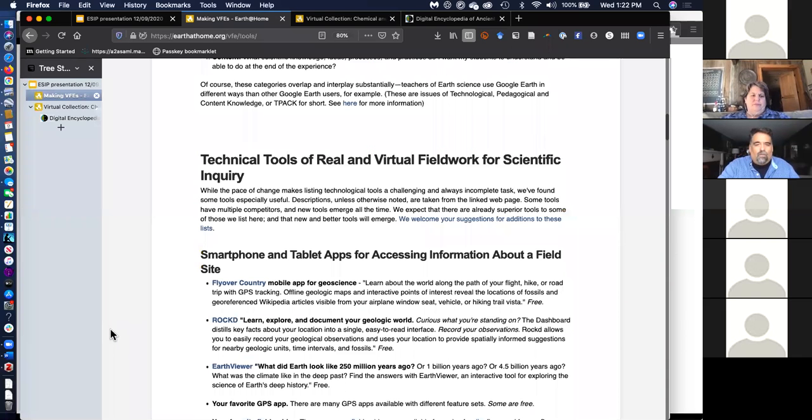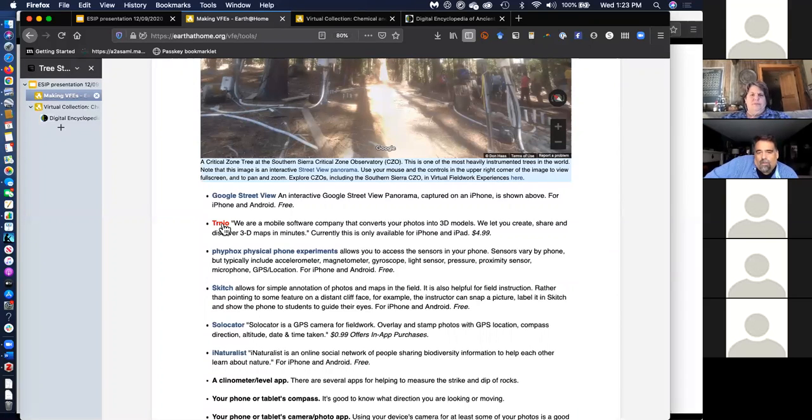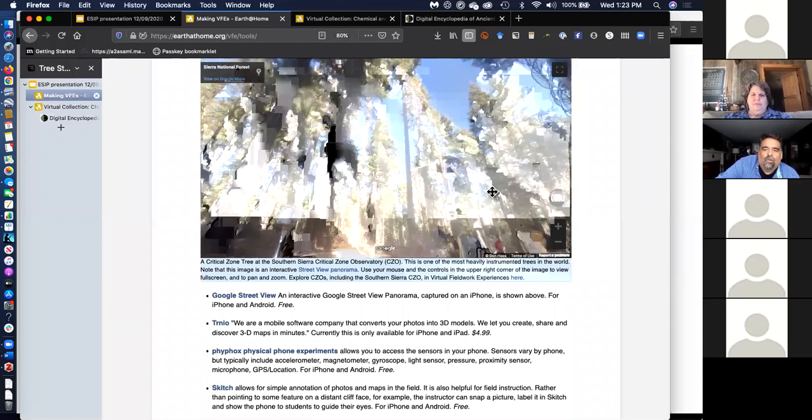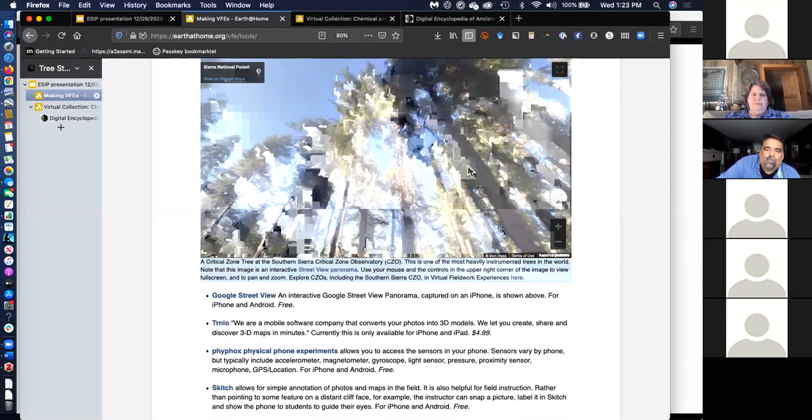So there's a link for the Trnio app there, as well as a bunch of other apps for capturing aspects of your field site. And a picture here is taken using the Google Street View app to take 360 panoramas on smartphones.